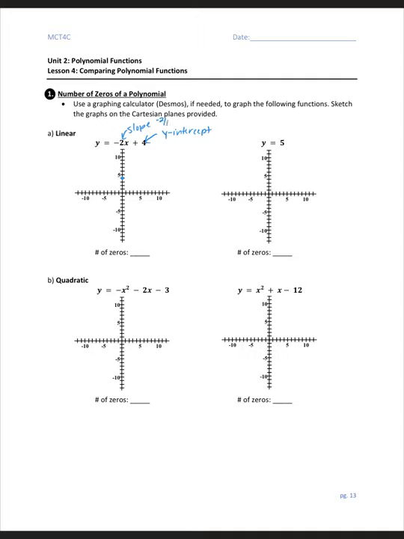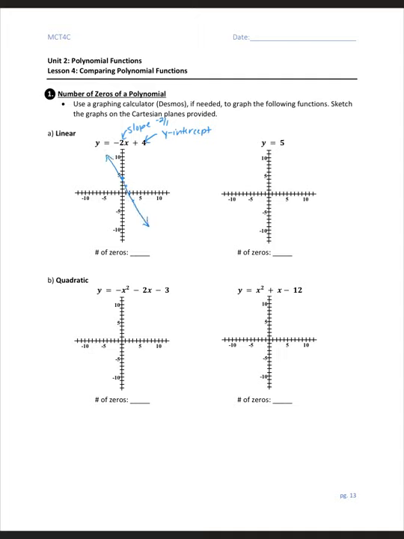All right, we have a -2, 1. So down 2 over 1, down 2 over 1, down 2 over 1. Okay, and then I'm just gonna draw a straight line through those points.